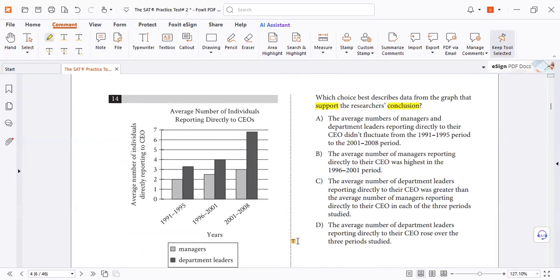Can I see the options, Mister? So letter C. Letter C, no, my friend. No, I did not say letter C. Now C is wrong.